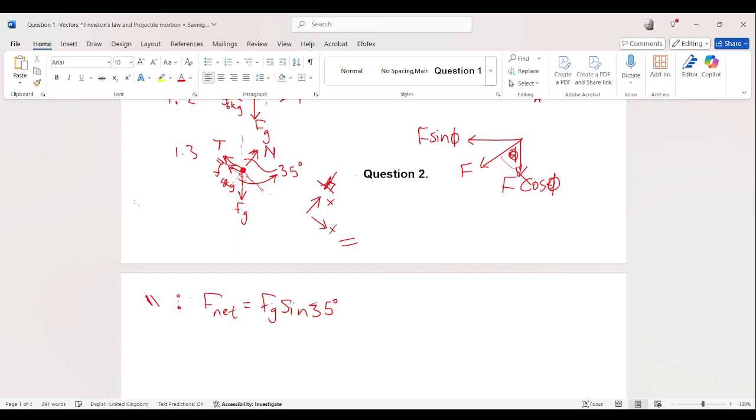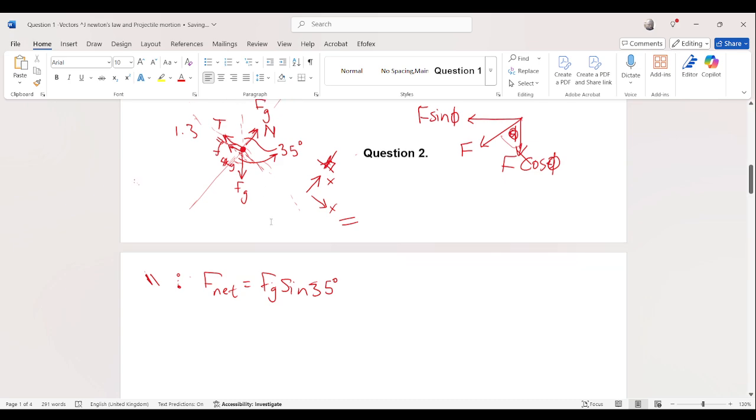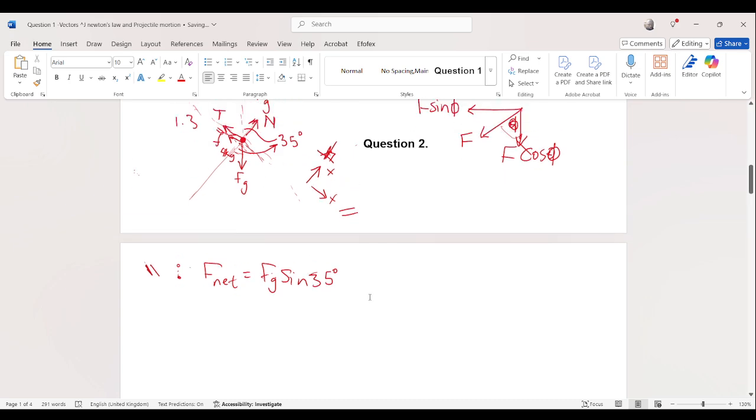We have to resolve it into components going along the parallel axis and the perpendicular axis. So in order to do that, it will be Fg sine of 35 minus tension minus friction.